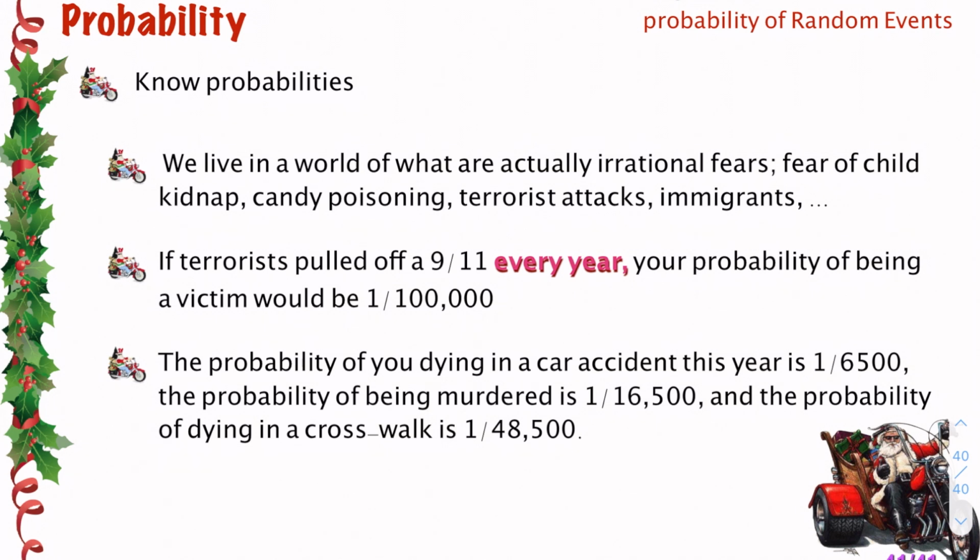The probability of you being murdered is 1 in 16,500. And the probability of dying in a crosswalk is 1 in 48,500. These totals come from the Bureau of Labor Statistics. These are known, yet our brains see an example, an anecdote, and want to describe all situations in this type of fearful way.